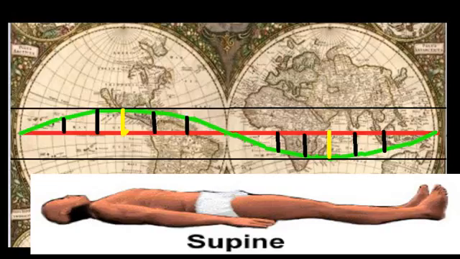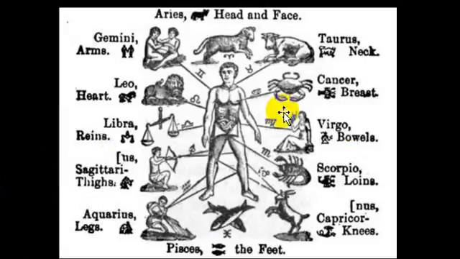Now, back to our ecliptic. The ecliptic represents the head, or basically the body. Aries is the head, Pisces is the foot. And here we have an old ancient reference to Aries ruling the head and the face, Taurus the neck or chest area, Gemini the arms.